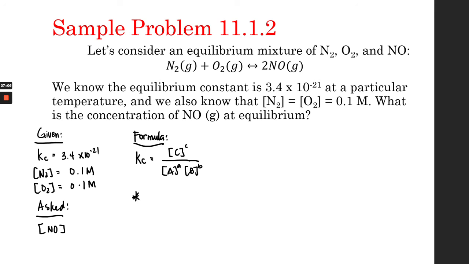As you can see, our Kc is less than 0.001. What does this tell us? This tells us that our reaction favors the reactant.